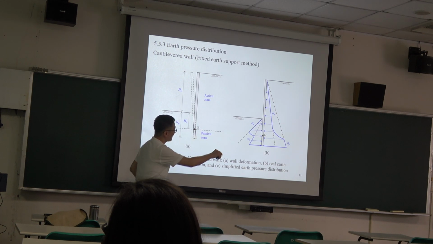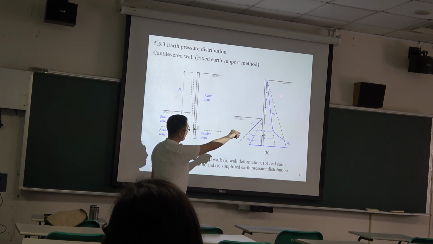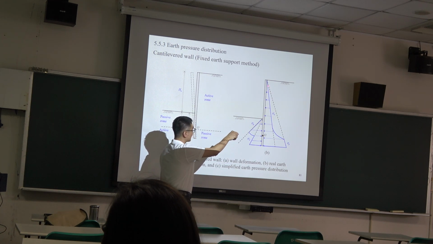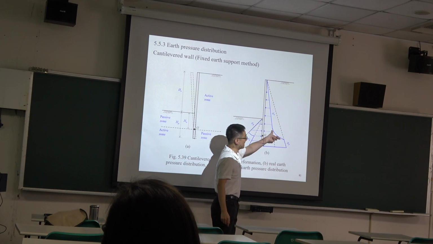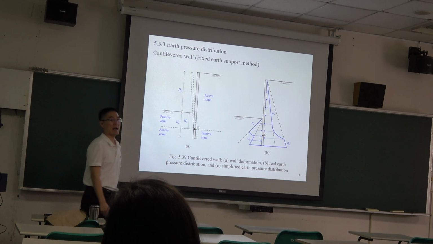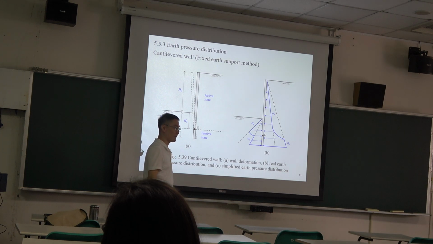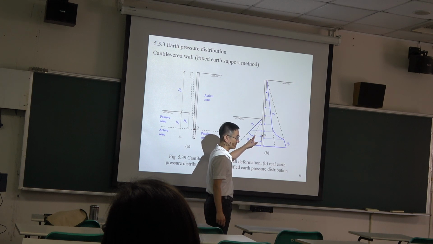Then theoretically, the horizontal stress distribution will look like this. Active side, and then the bottom is the passive side. So here is the transition range. However, the transition range is very difficult to capture as an actual distribution.